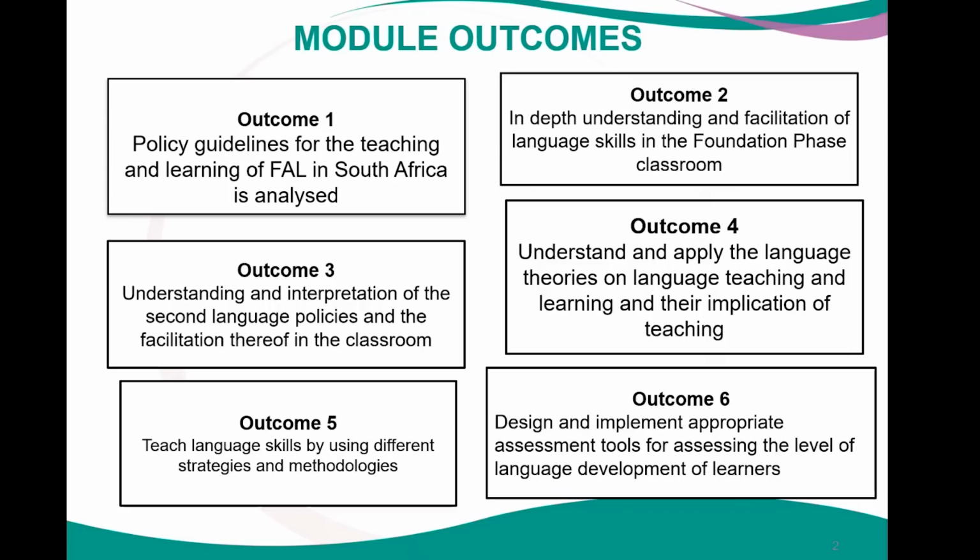Because at the end of the day, we want them to be able to acquire that language, especially if you're teaching English in South African schools. Most of our schools, the learner's mother tongue is not English. Therefore, English will be their first additional language, which some of you call second language, some of you call FAL.